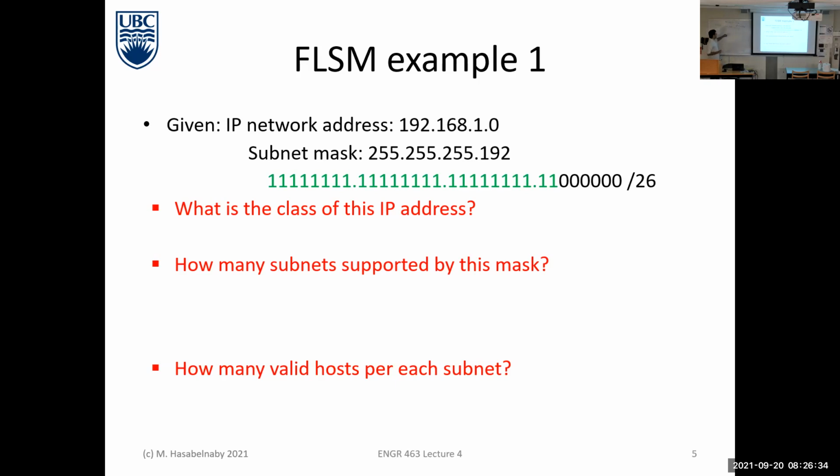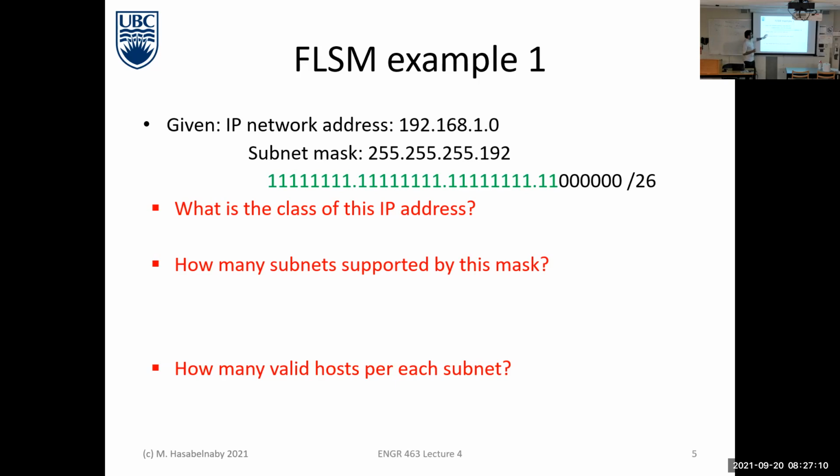Our subnet mask now will be /25, and the number of hosts that can be served by this IP range will be 2^7 minus 2, which equals 126 devices. So by changing the number of ones in the subnet mask, I can reduce the number of supported hosts.